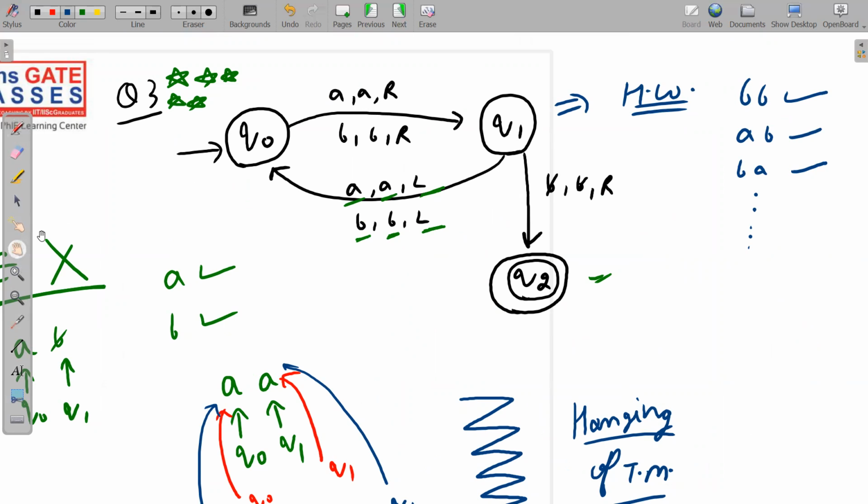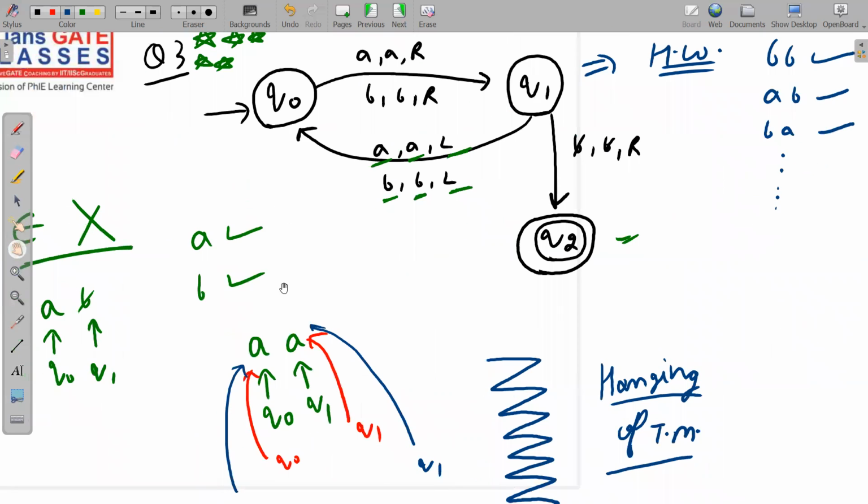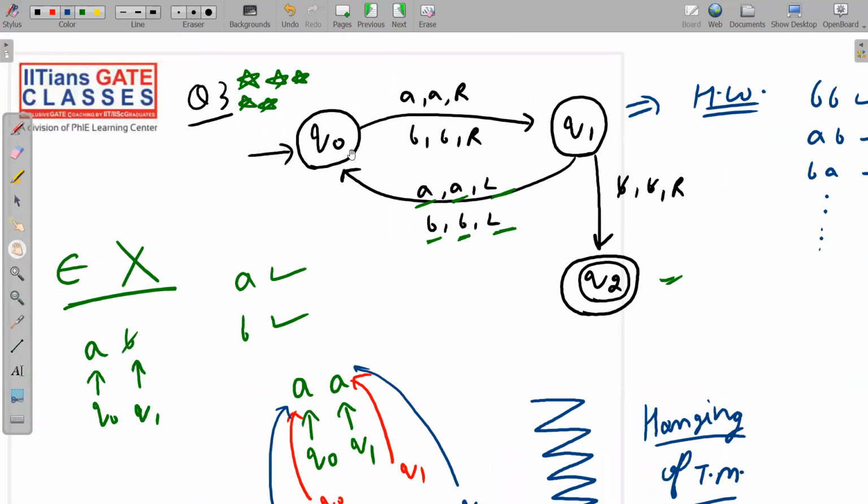It won't hang for null, because the Turing machine will halt in a dead configuration, because on Q0 we have no choice of reading blank. So on null the Turing machine will halt, but it will reject because it will halt in a dead configuration. We have not specified the state to which the Turing machine will go whenever blank is read from the tape on the state Q0.